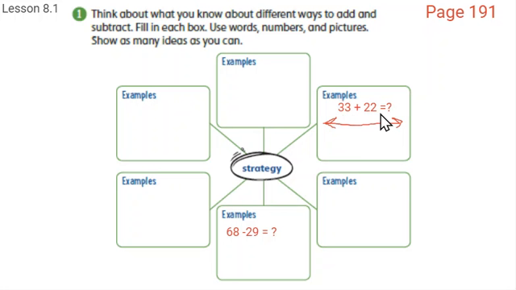So how would you figure that out? Remember, where does the larger number go on that number line? How do you figure it out? You have a question mark over here and you're trying to add all that together. I want you to write down your different strategies that you can use to add and subtract numbers. That's on page 191, part of your homework.